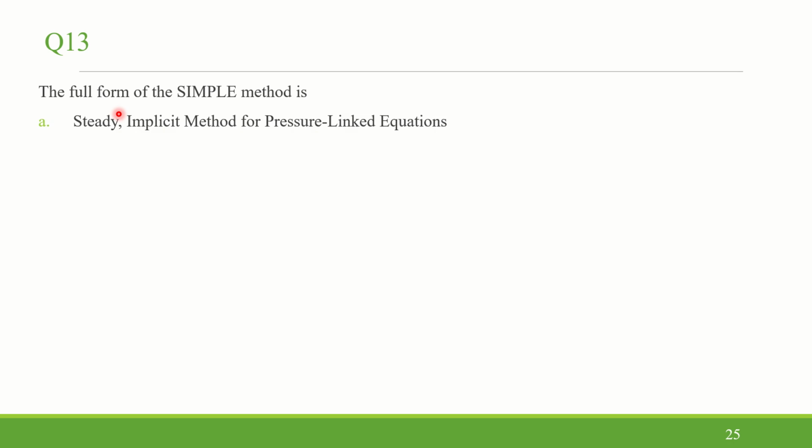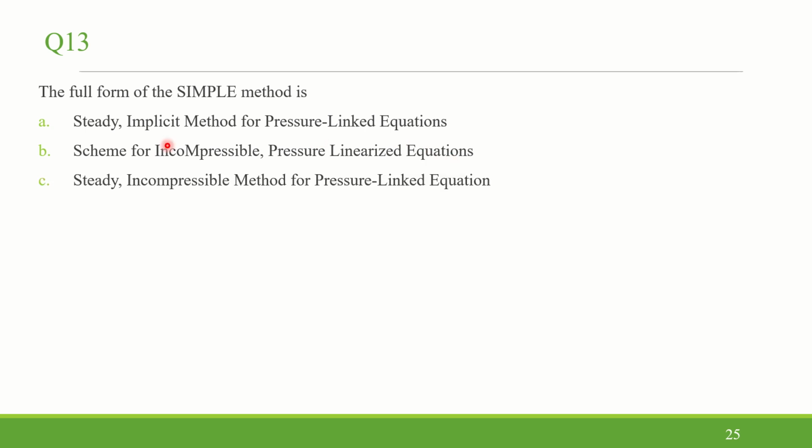The options are: option A, steady implicit method for pressure linked equation. Option B, scheme for incompressible pressure linearized equations. Option C, steady incompressible method for pressure linked equation. Option D, none of the above.